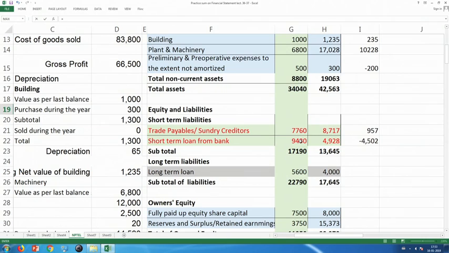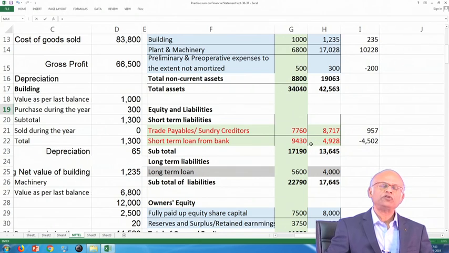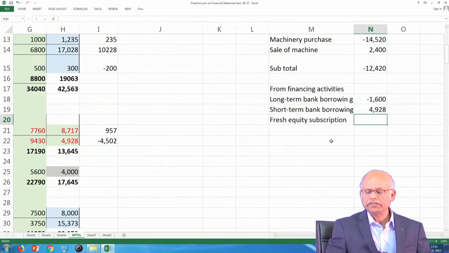Short term bank loan was 9430, that is the balance. Then there is no interest payment. As I said at the beginning, this is to be taken from the short term bank loan ledger. So, we have to simply pick up data from here and enter.